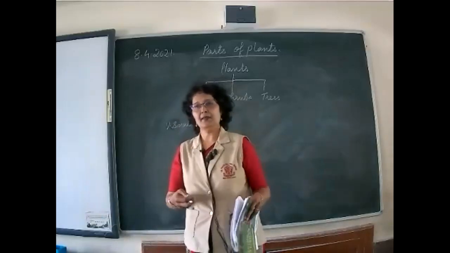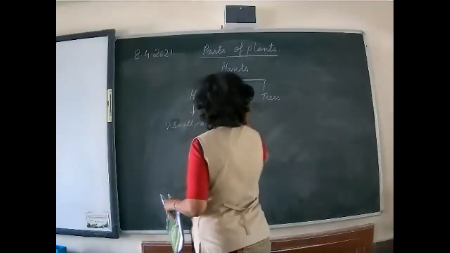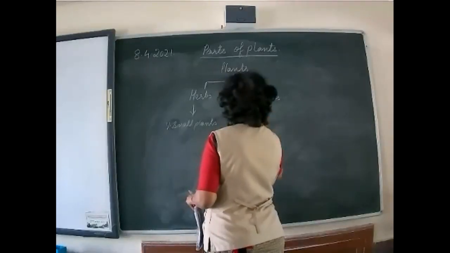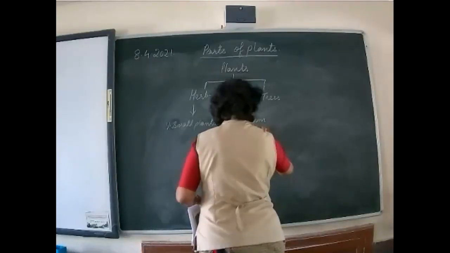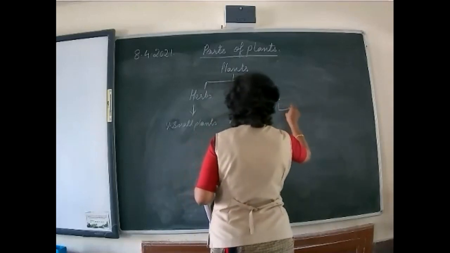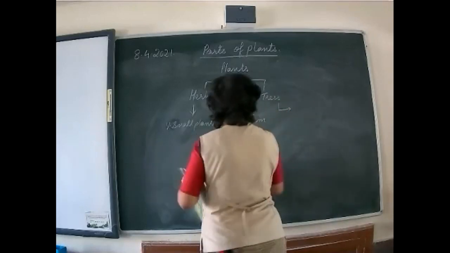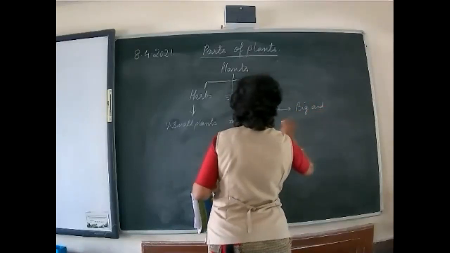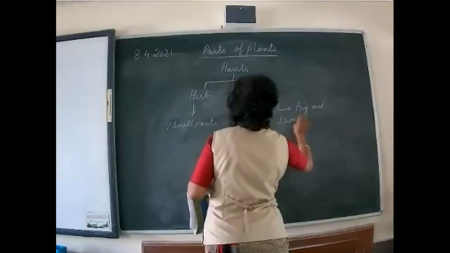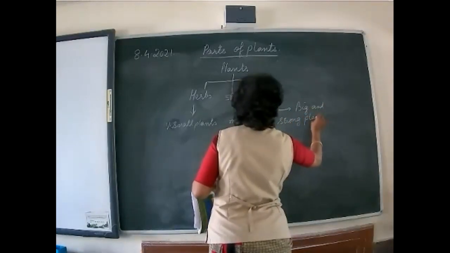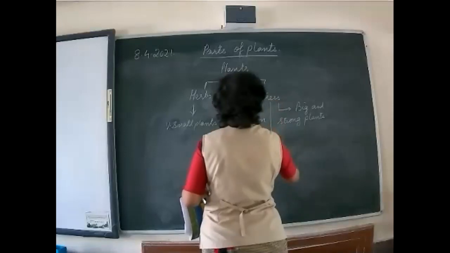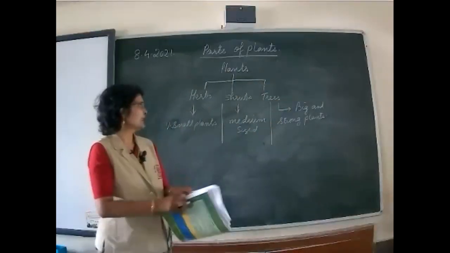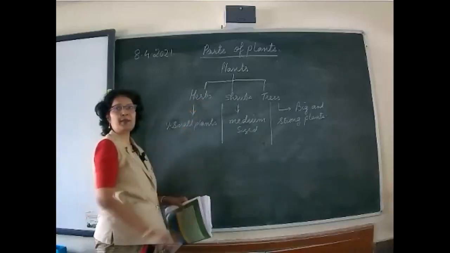Bigger than herbs, they are shrubs, medium-sized. Is that clear? And trees are big and strong plants. Okay, so here you can see herbs are very small plants.